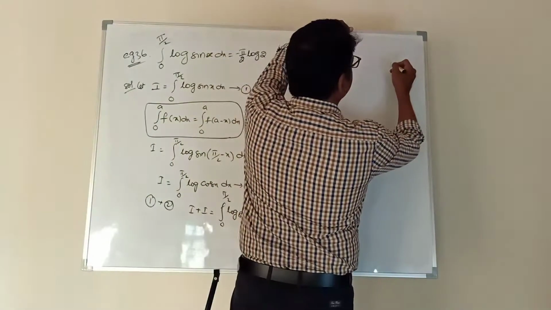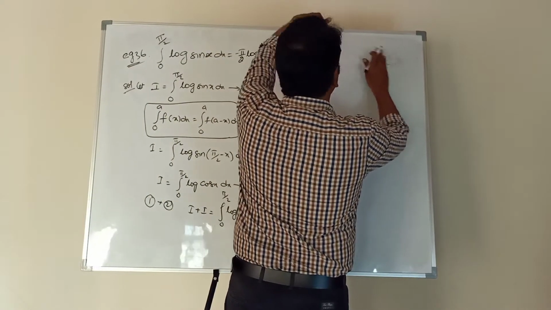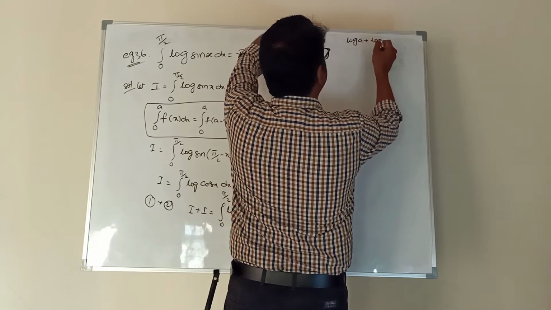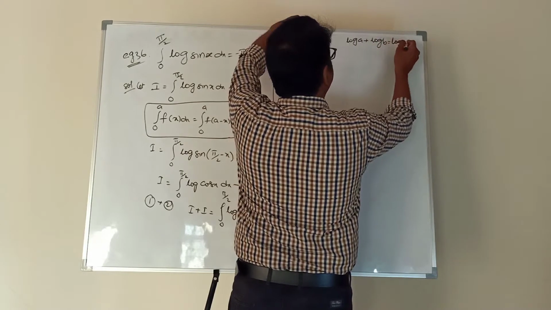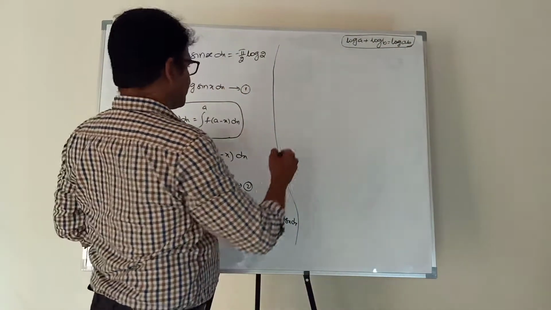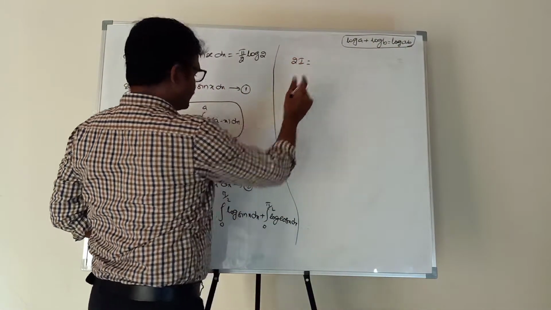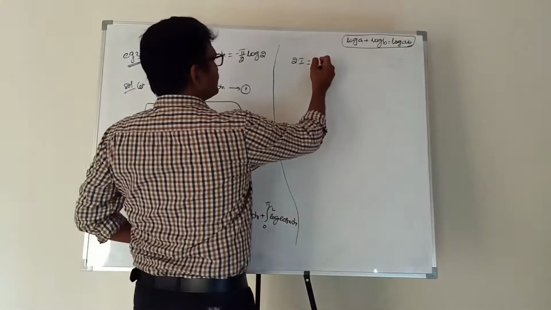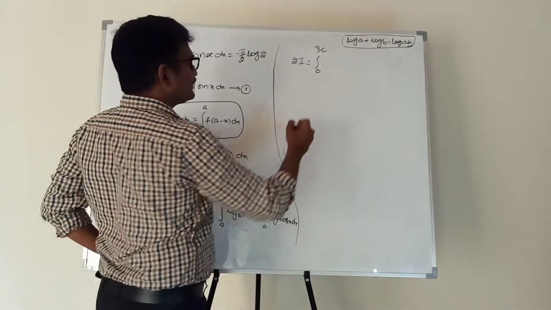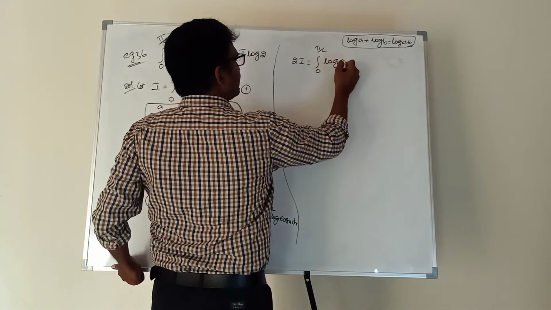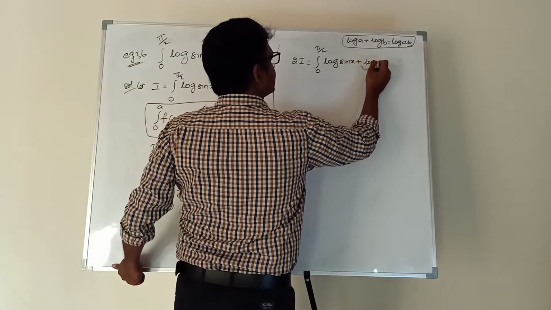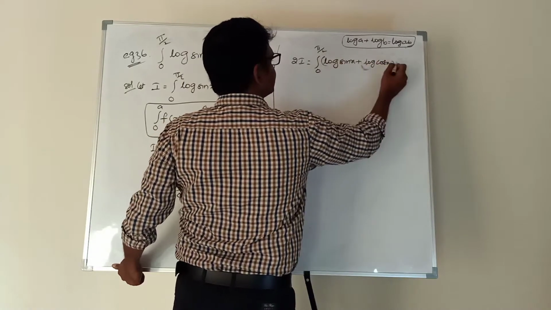We know that log a plus log b is equal to log of ab. Based on this property, 2I is equal to 0 to pi by 2, which is common, so taking it common you will get log sin x plus log cos x dx.